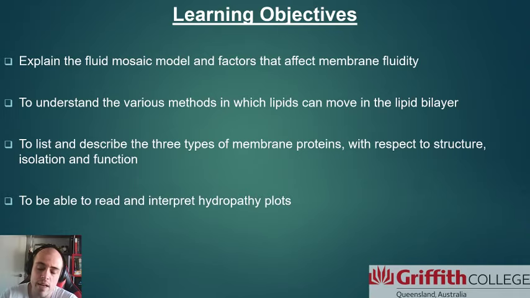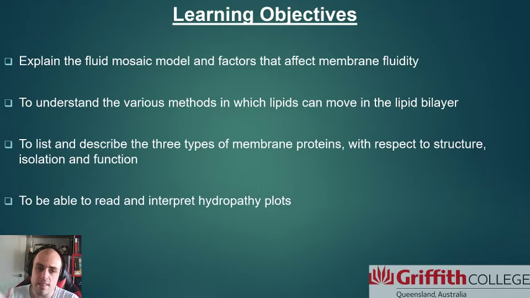A good example of that was when we were looking at lard, or animal fat, compared to, say, olive oil. If you've got both of those at room temperature, one of them is a solid, one of them is a liquid. That's down to the number of carbons in that fatty acid chain, and down to that saturation.